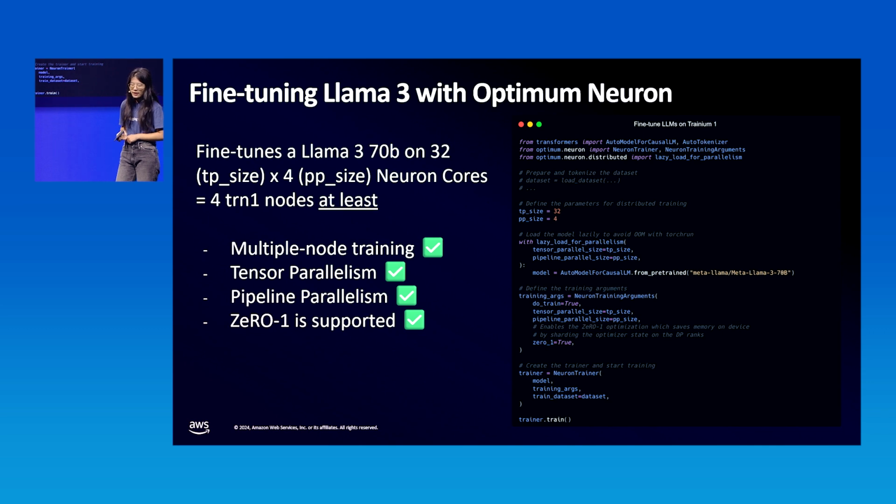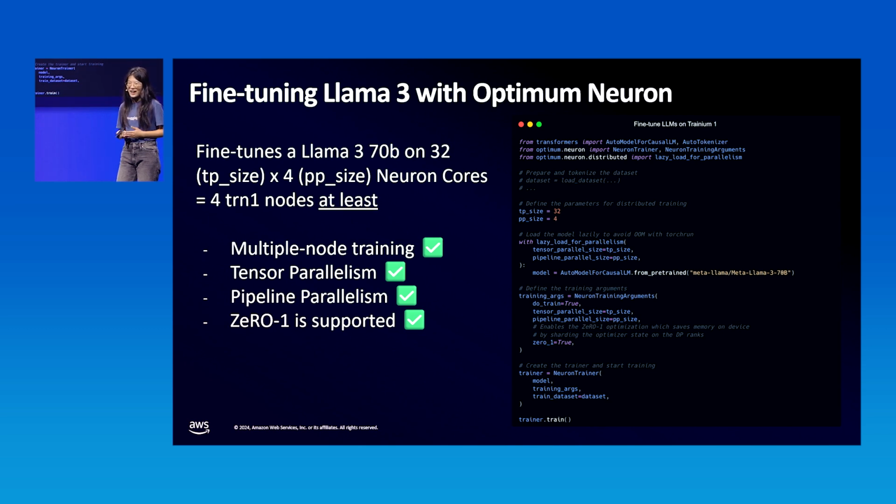With Neuron Trainer, we need to combine multiple distributed training techniques, which include tensor parallelism, pipeline parallelism, and the zero redundancy optimizer stage 1, which shards the optimizer states across multiple devices. And for Llama 3 70B, since it's a very large model, we will need to create a cluster with at least 4 Trainium nodes, which requires multi-node training.